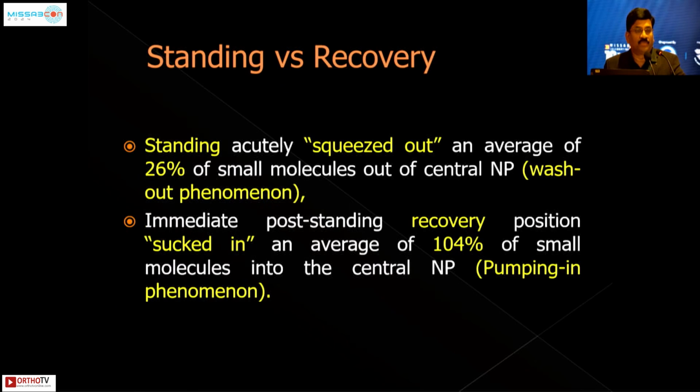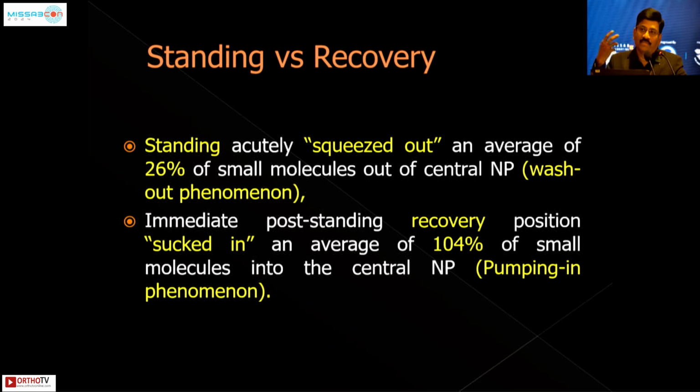I think this is the first time in the literature somebody has proved what actually happens when you are naturally standing and resting. Standing acutely squeezed out an average of 26% of small molecules from the center of the nucleus pulposus. They actually squeeze out of the disc when the patient is standing. But in the immediate post-standing recovery, there is sucking in of all the solutes which had leaked out, up to 104%.